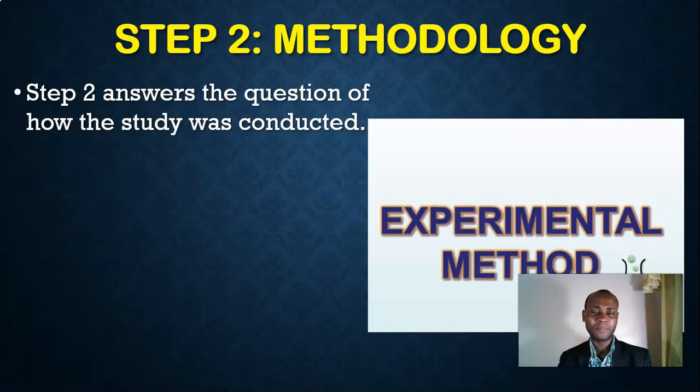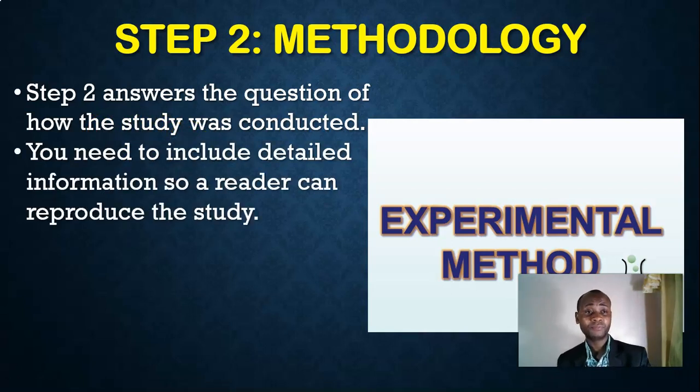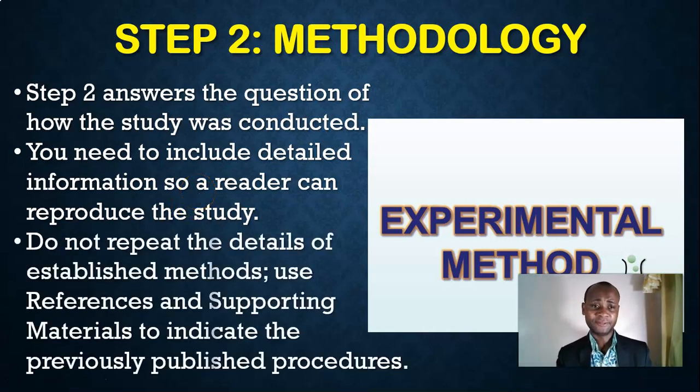Now let's go to the methodology. Step 2 answers the question of how the study was conducted. You need to include detailed information so that the reader can reproduce your study.